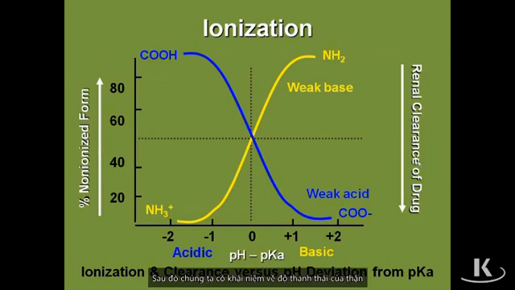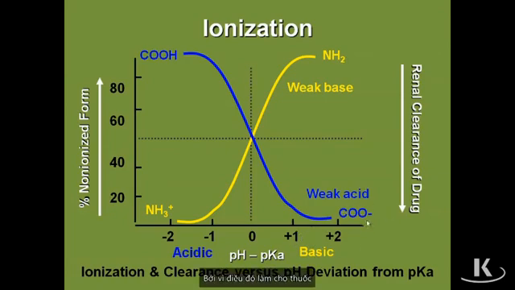Then we've got the concept of renal clearance as the second y-axis that we want to deal with here. And when it comes to renal clearance, the rule is basically this, that we more readily eliminate the ionized form of the drug. So if you think about a weak acid, you want to think about what type of environment you want to put it in to eliminate it. If you want to eliminate a weak acid, you want to put that weak acid into a basic environment.